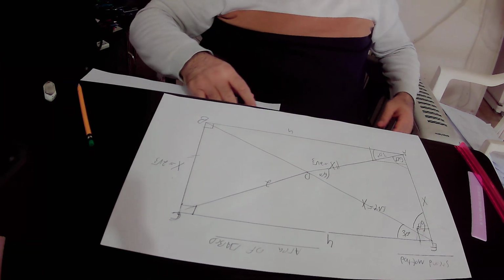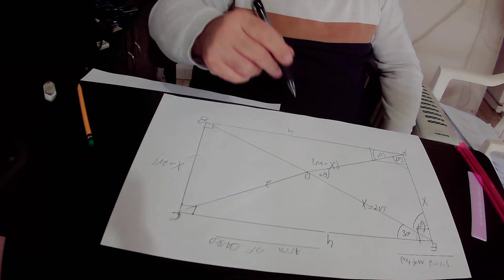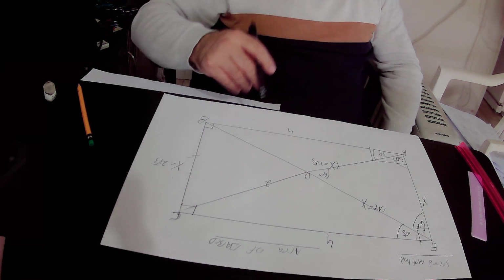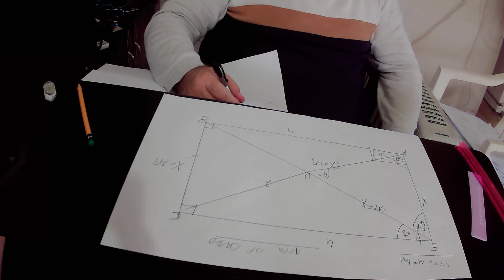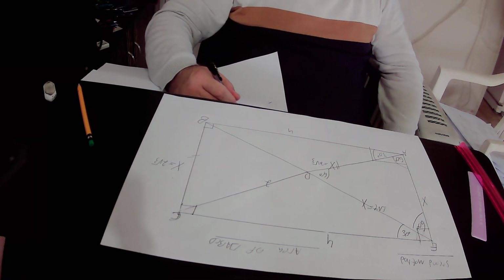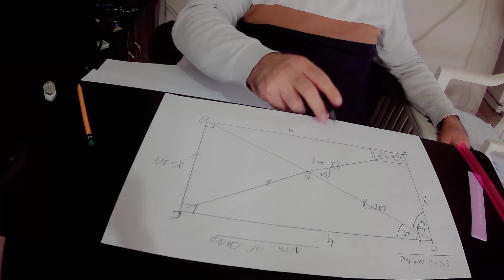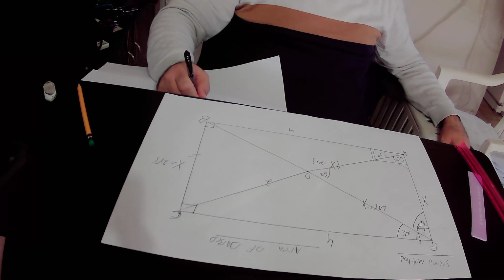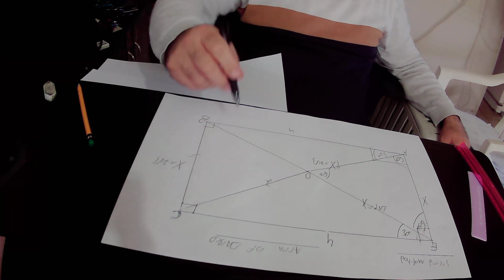And the area that we are looking for is the area of quadrilateral ABCD. It will be equal to the area of triangle ADB plus the area of triangle BDC.